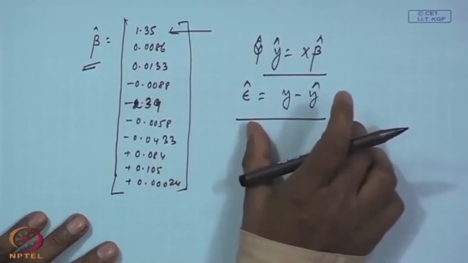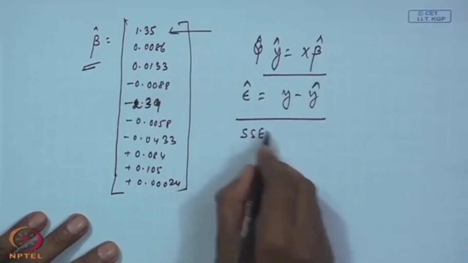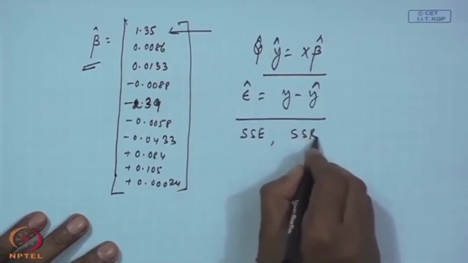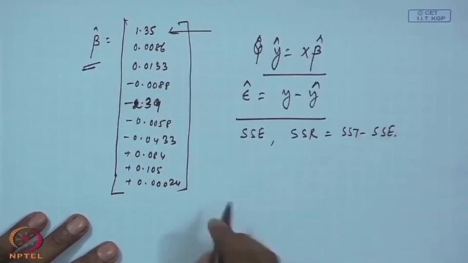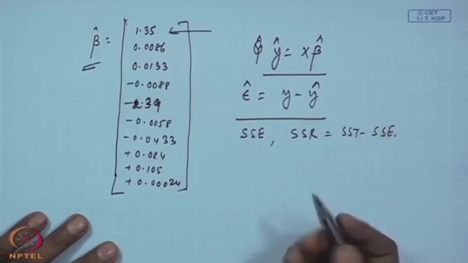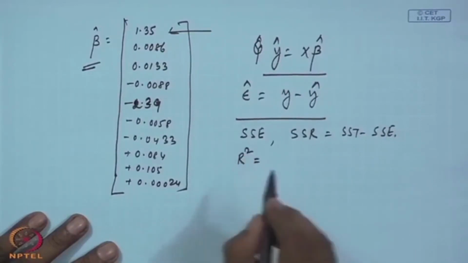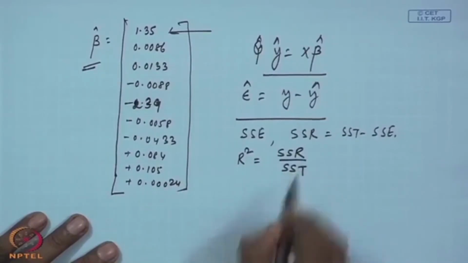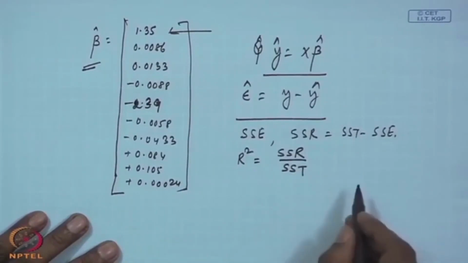As you are able to find out the error now, you are also able to find out the SSE, sum of squared errors. You are able to find out SSR, which is SST minus SSE. You know the degrees of freedom, so you can go for finding out R square. R square is SSR by SST.